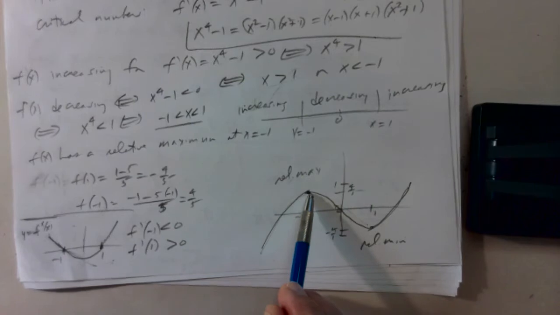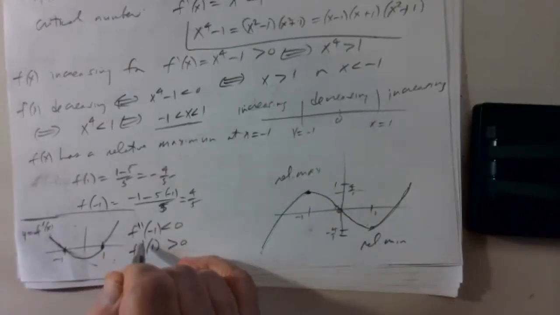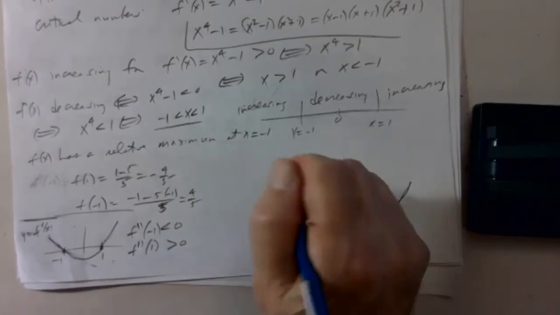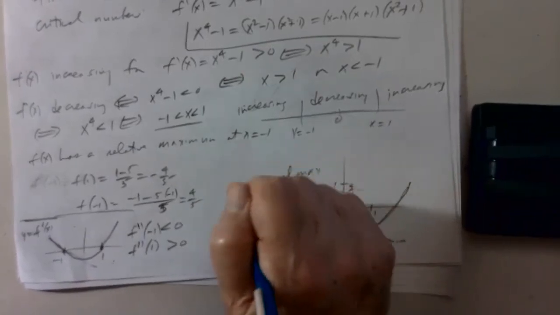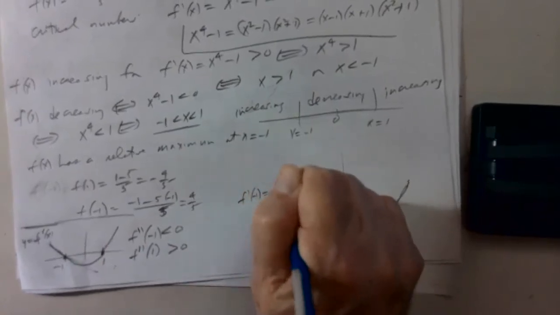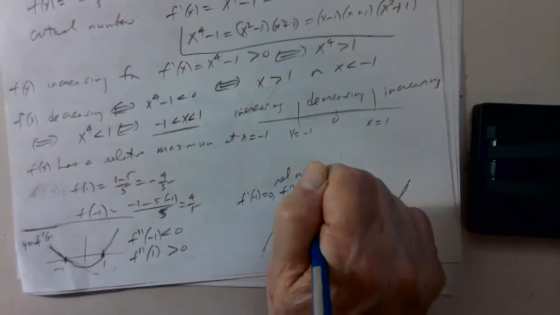At -1, where you have a relative maximum, the derivative of the function is 0, but the derivative of the derivative, that's what we call the second derivative, is negative. So at this relative max, f prime of -1 equals 0, but the second derivative at -1 is negative.